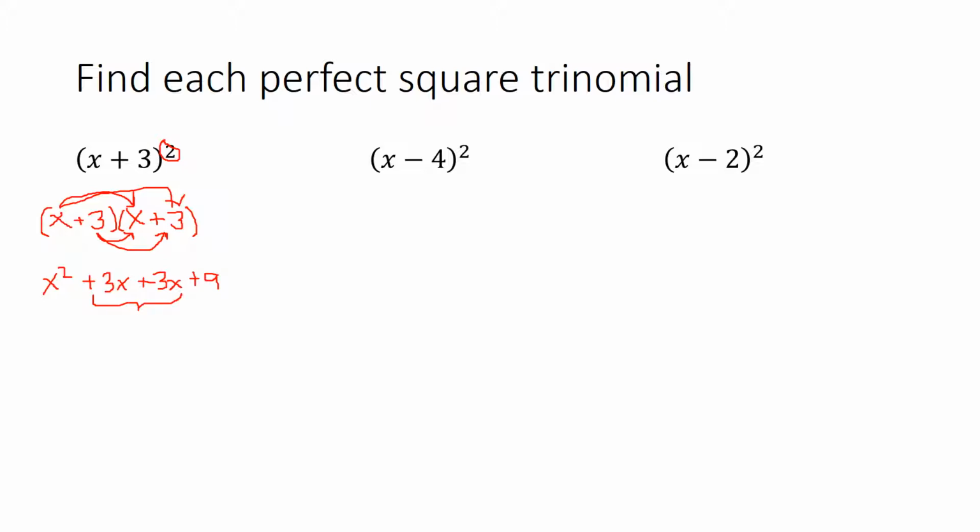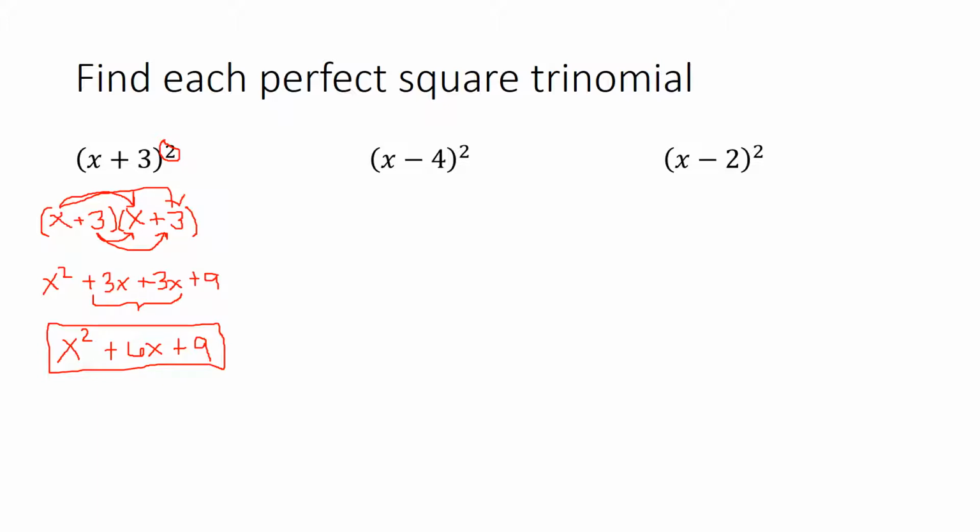So x's go with x's, so the 3x's in the middle are going to be combined. So my final answer, I'll bring down the x squared, and I'm going to combine 3x plus 3x to get 6x, and then bring down the plus 9. So the final answer here is x squared plus 6x plus 9.